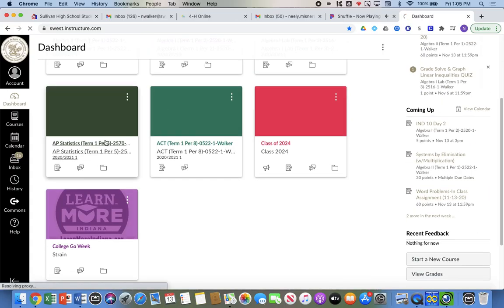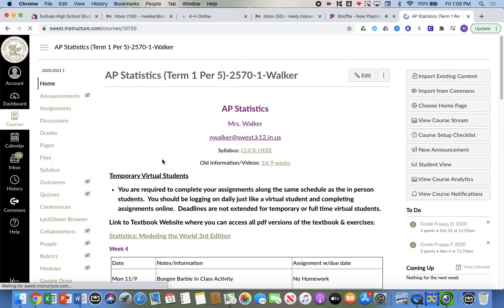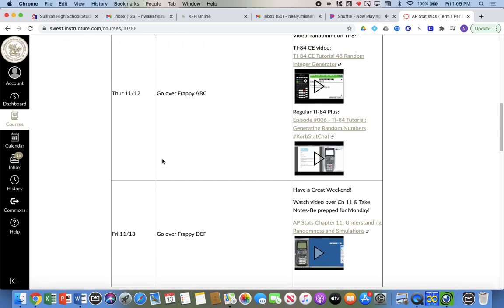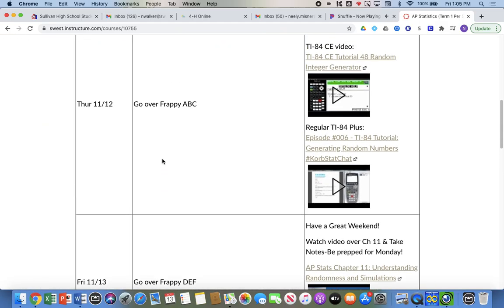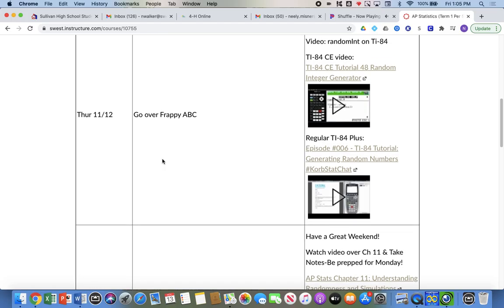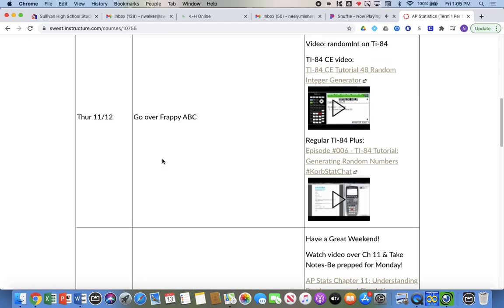The first one is how to generate random numbers on your calculator. I put 2 videos up. The top video, where it says CE, is the color edition, so that's Will and Dawson, and I think Audrey. If you have to charge your calculator, you follow the top instructions.